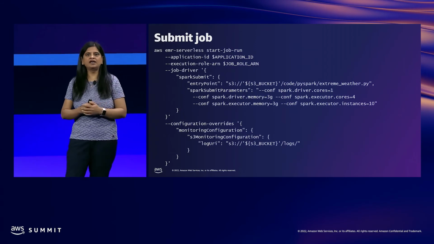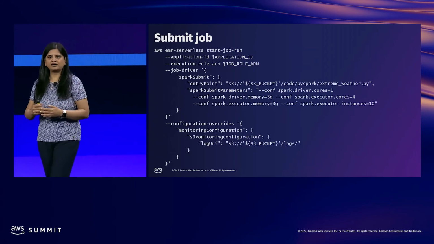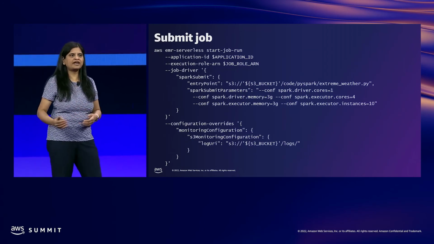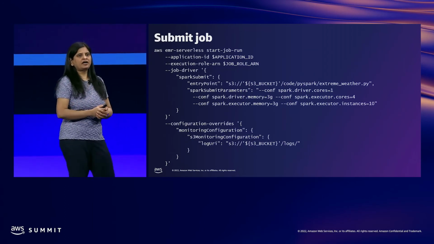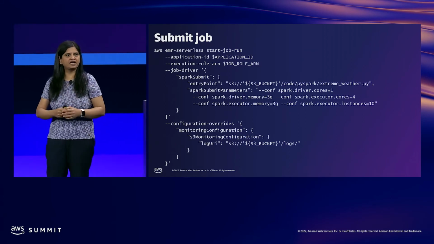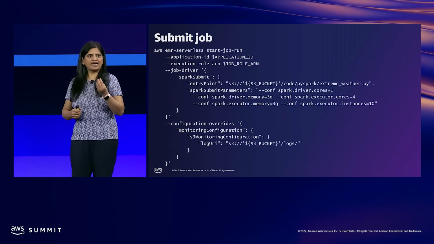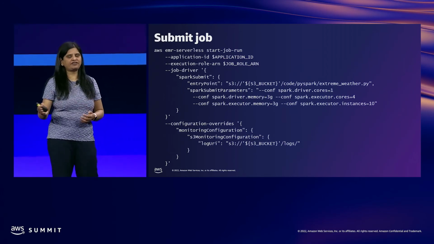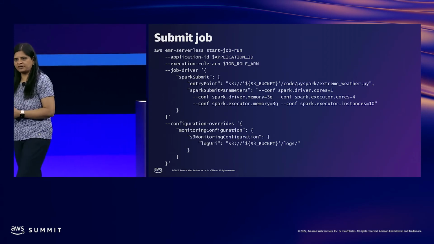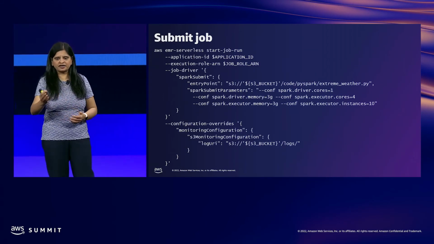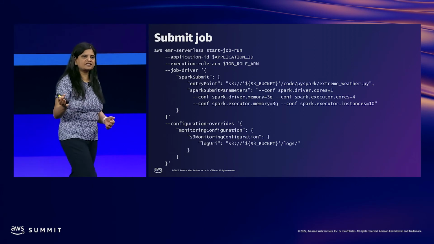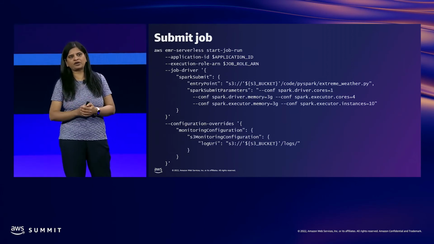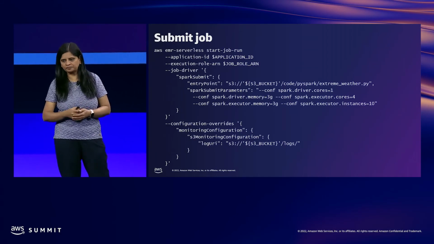So for example, if you have an external Hive metastore and you want to specify the name of your Hive metastore, the RDS instance that you're using, you can override that information in the configuration overrides section of the EMR Serverless start job API call. So here in this example, I'm showing how you can specify the monitoring configuration, where I'm indicating the S3 location where I want my logs to go.